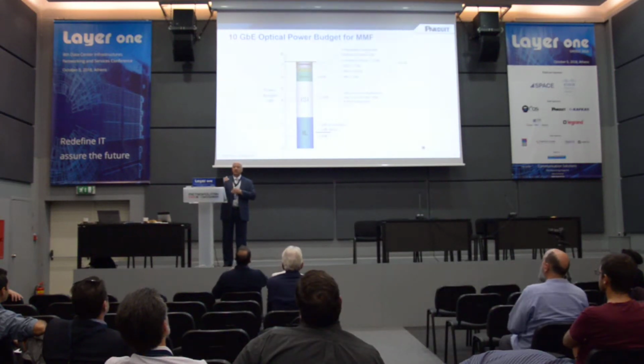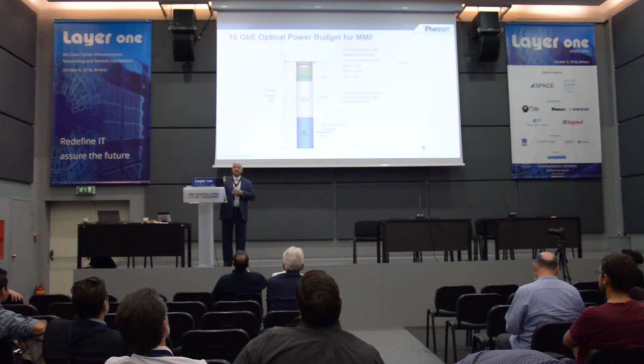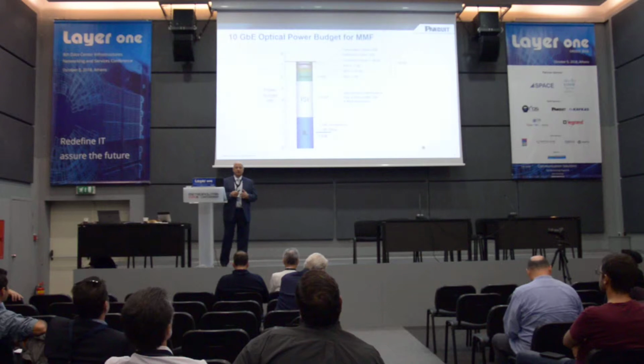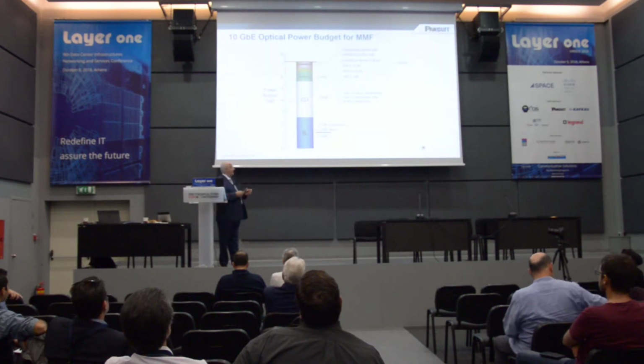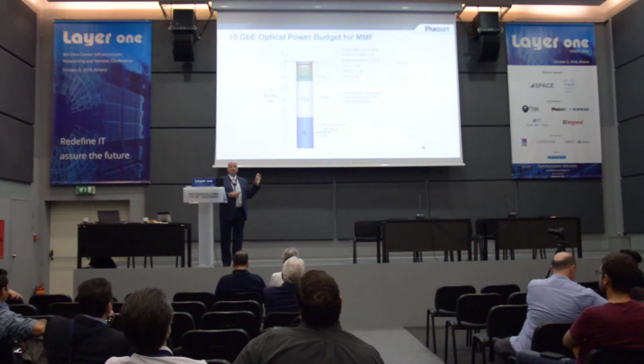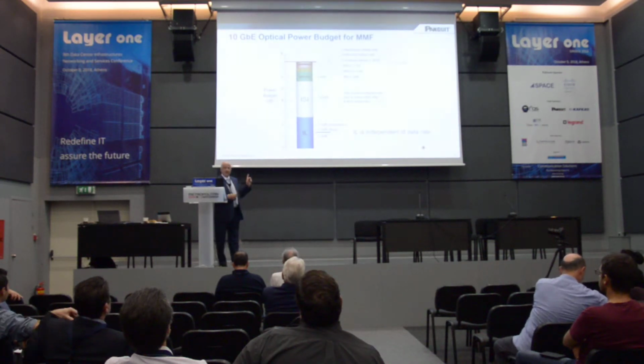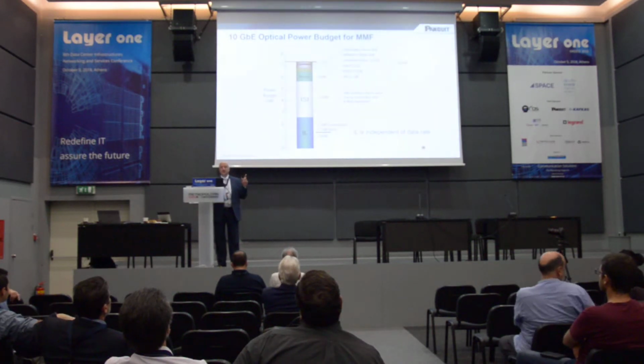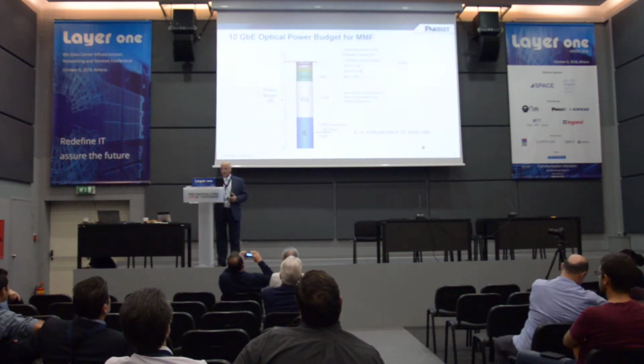So we put budgets into the standard so that you don't have to worry about them, because you have no control over them. The only thing you have control over is insertion loss. And up until now, insertion loss was critically important. I want to point out that insertion loss is also independent of data rate. It's just optical attenuation.